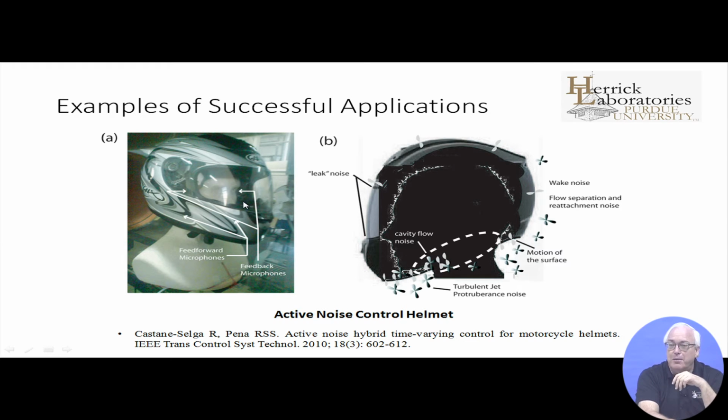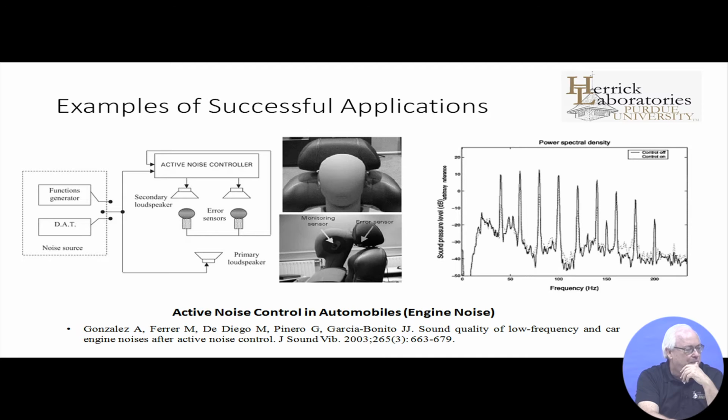If you're steaming along at 100 or 200 kilometers an hour on your bike, there's aerodynamic noise generated by flow over the helmet. There's turbulence under the leading edge here, as well as general noise sources coming through the helmet. And so this system entails both feedforward and feedback control to deal with the various noise sources, and apparently is reasonably successful. Whether there's enough computing power in the helmet, I'm not sure, but we'll see.